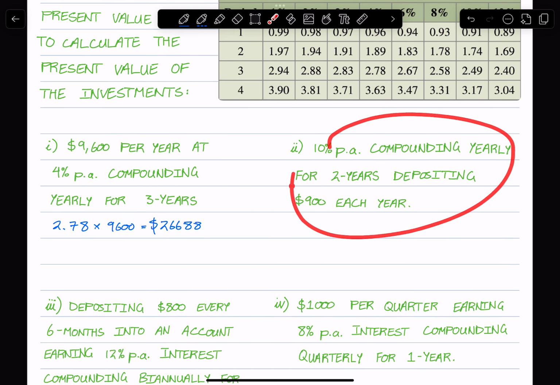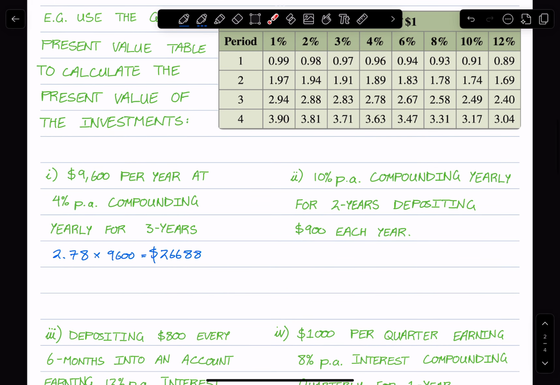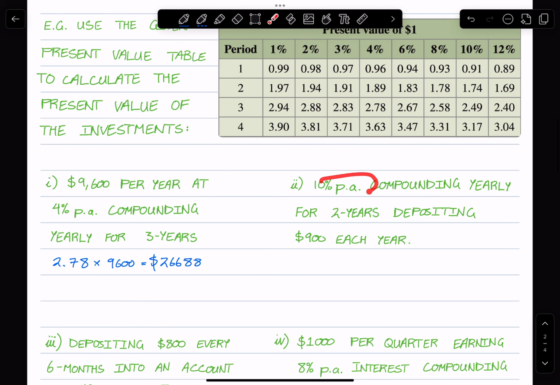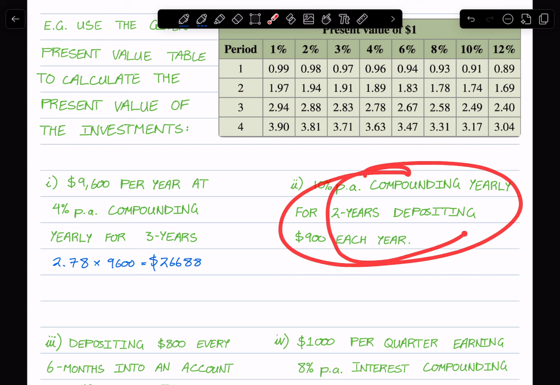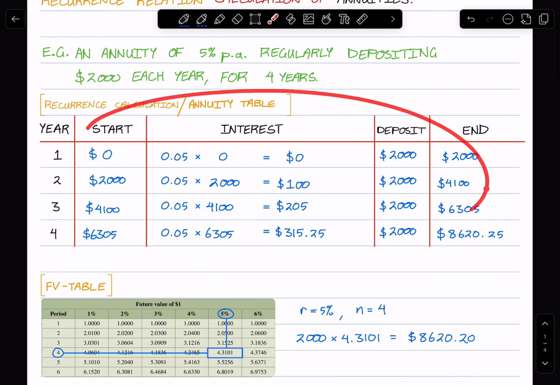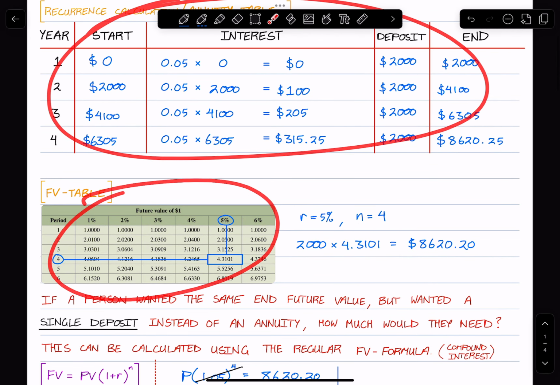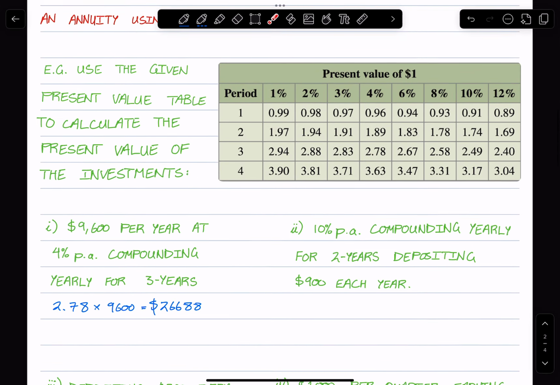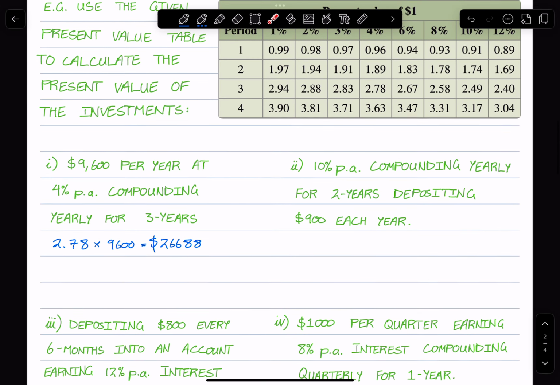Let's do another one here. It says compound 10% per annum, compounding yearly for 2 years, and we're going to be depositing $900 each year. Now I want you to imagine, before we continue, how this annuity can be calculated with the future value table, and the end result that gets you.